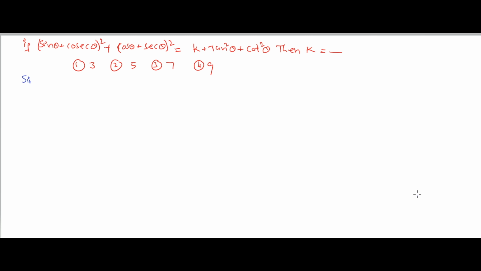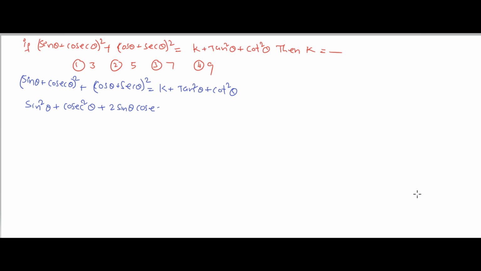Here (sin theta plus cosec theta) whole square, that is (a plus b) whole square, is sin square theta plus cosec square theta plus 2 sin theta into cosec theta, plus (cos theta plus secant theta) whole square, that is cos square theta plus secant square theta plus 2 cos theta into secant theta, is equal to k plus tan square theta plus cot square theta.